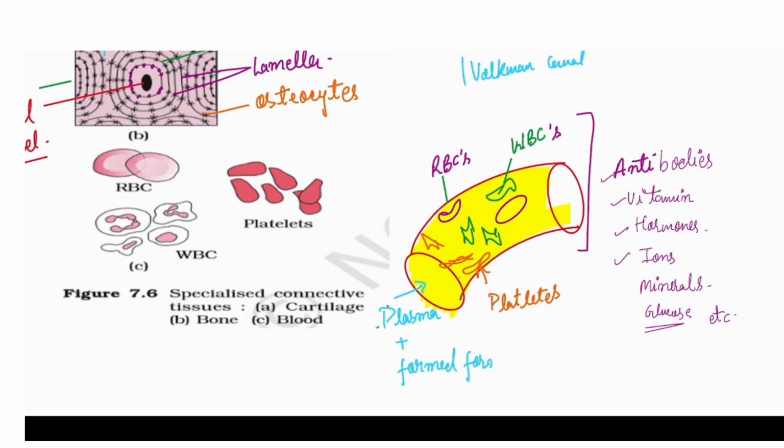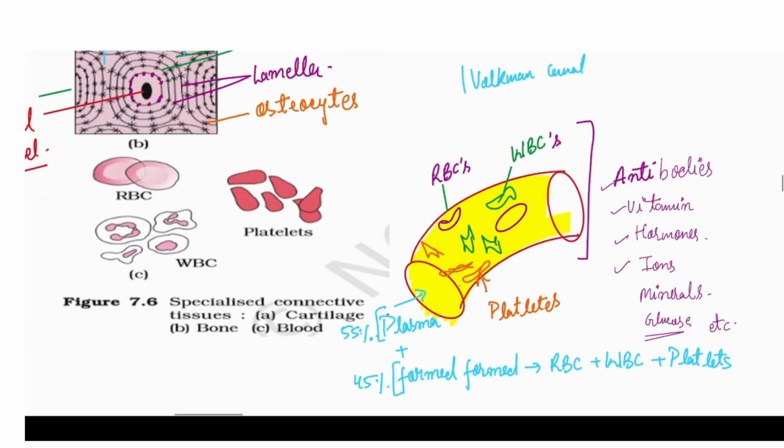These are RBCs plus WBCs plus platelets, together known as the formed elements. The plasma makes up 55% of the blood, sorry, and the formed elements carry the 45% part of the blood.